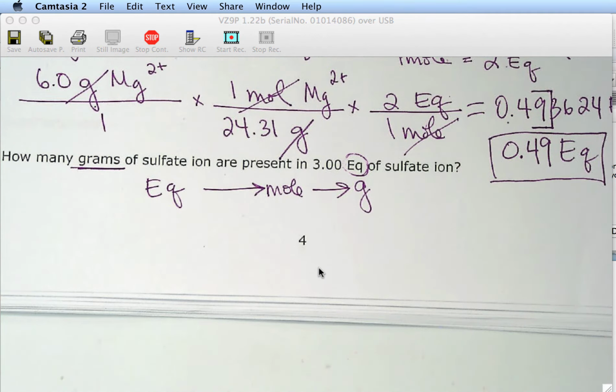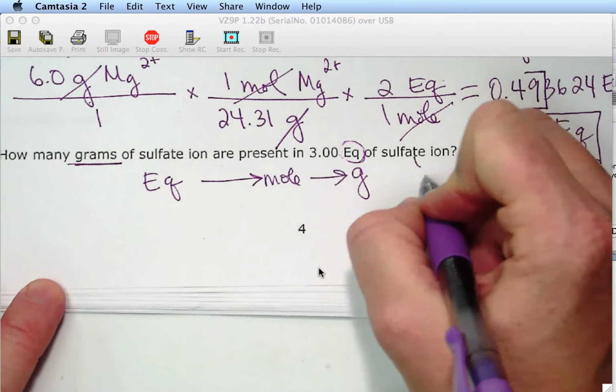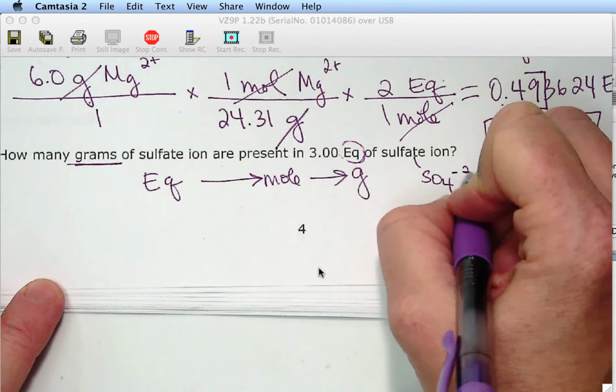What's the formula for sulfate ion? SO4 minus 2. So that's what we're talking about.